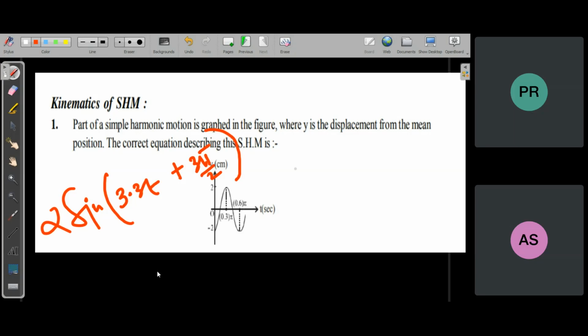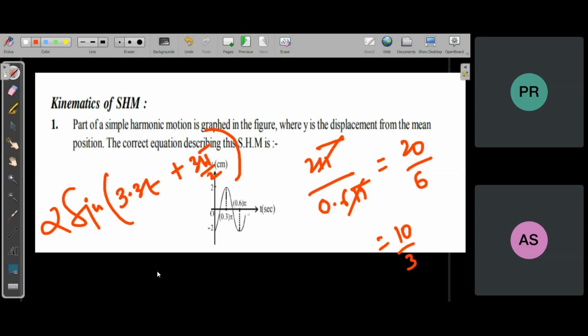So this half is 0.3 pi, so the full is 0.6 pi. So 2 pi by 0.6 pi, right? Yes, sir. Then pi will go, and you will get 20 by 6, which is 10 by 3. So the time period is 10 by 3.